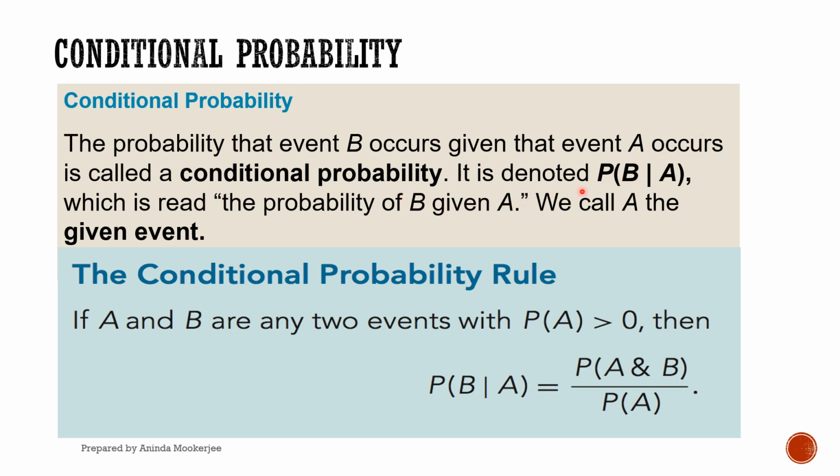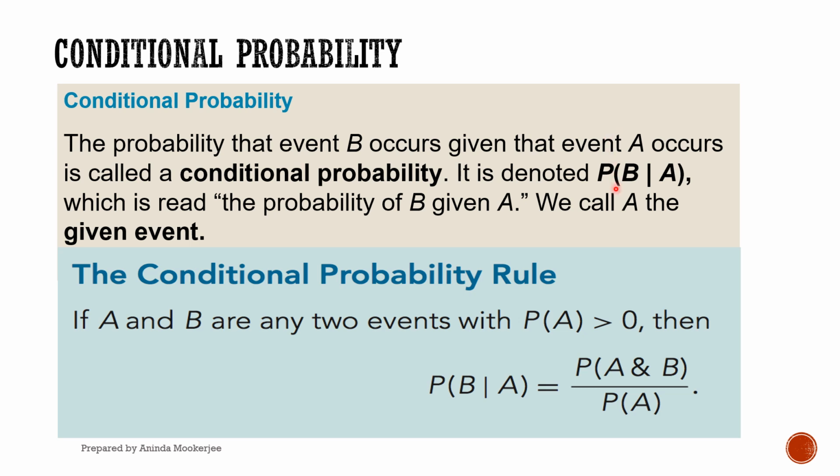It is denoted by the notation P, then within brackets we have B, then a vertical bar, and then the letter A. So the two events are A and B, and the way we read it is the probability that event B occurs given, this vertical line implies given, that A has occurred.